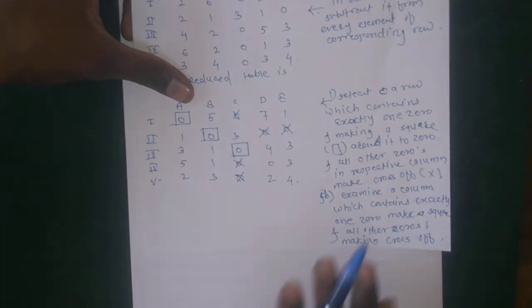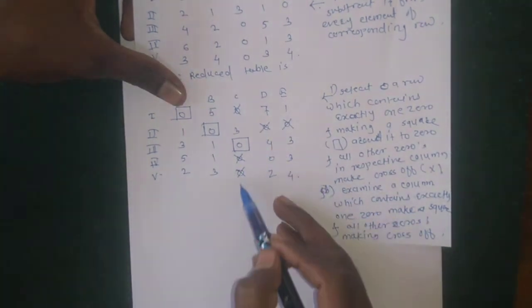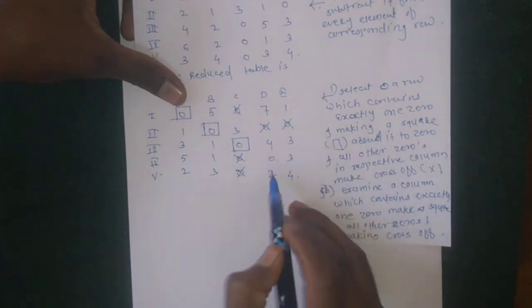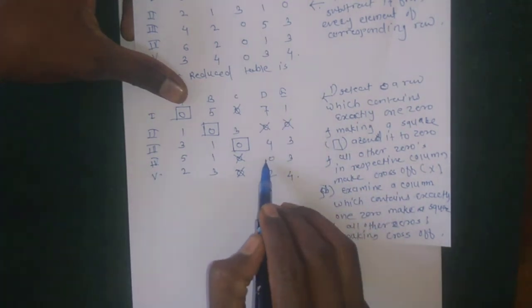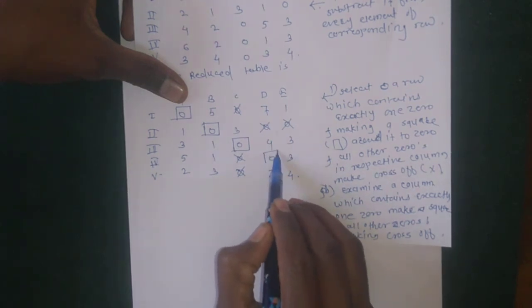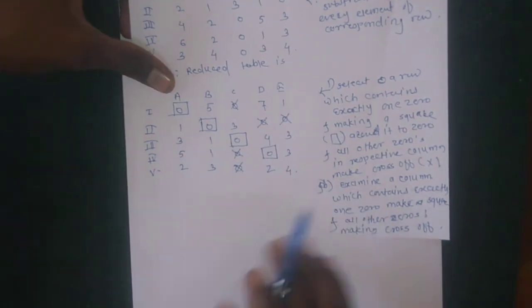Okay, in this way. Then the third column is not, but lastly here only one zero remains. Okay, so make a square in this way.